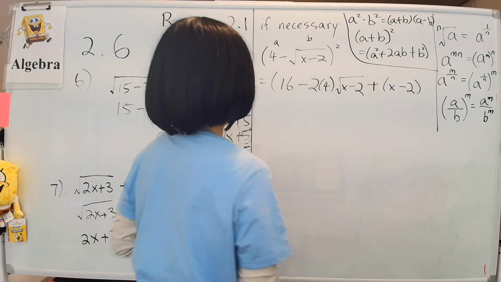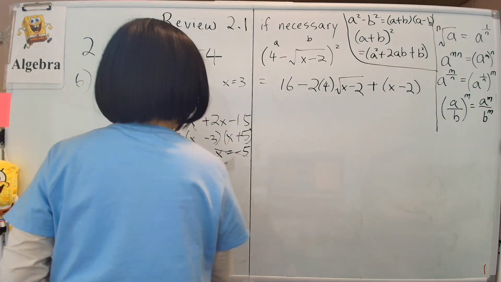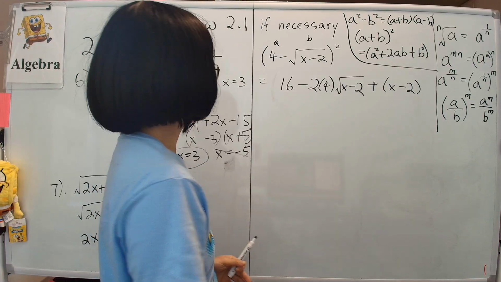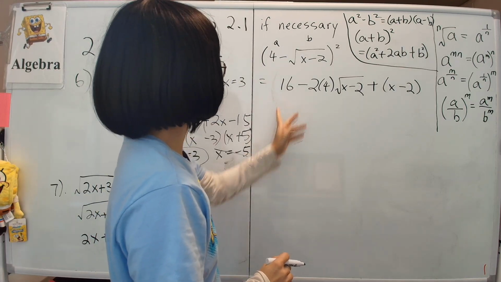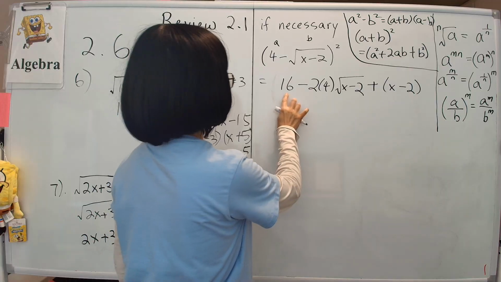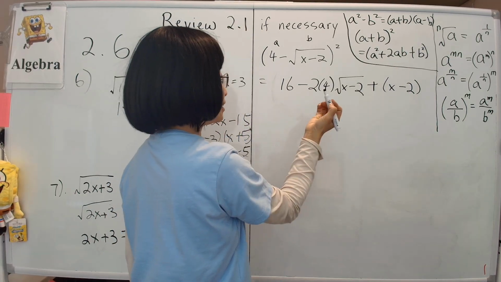So that equals the whole thing. I don't need the parentheses here. All right, so I'll write this down here. There's 16 and minus 2, so that becomes 14.